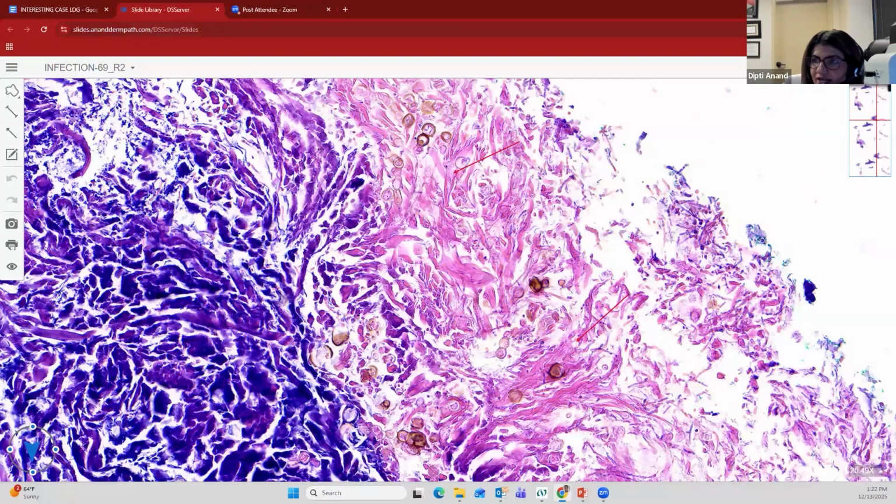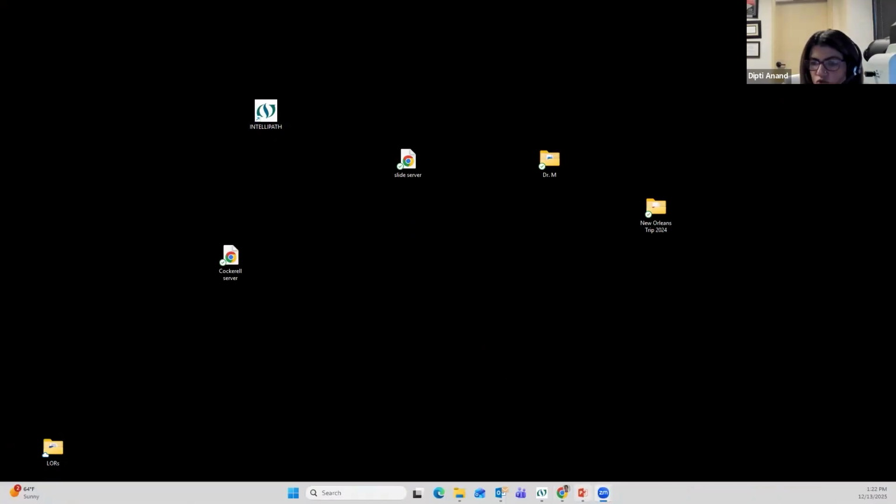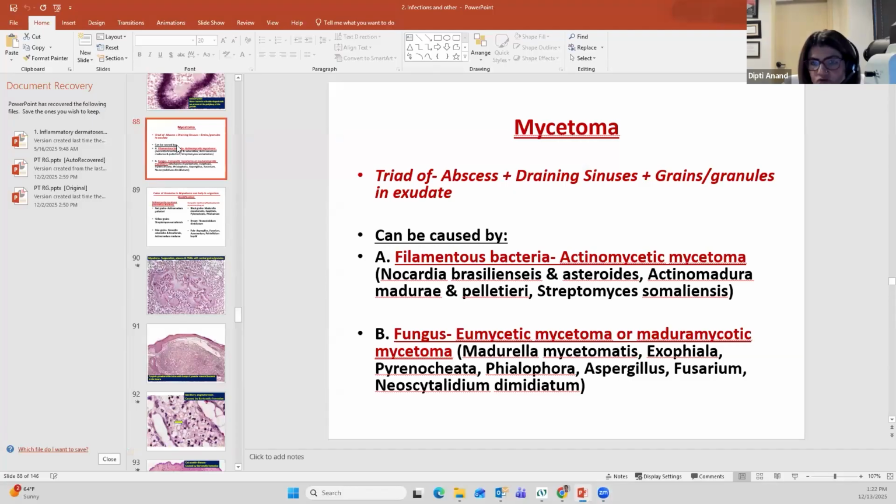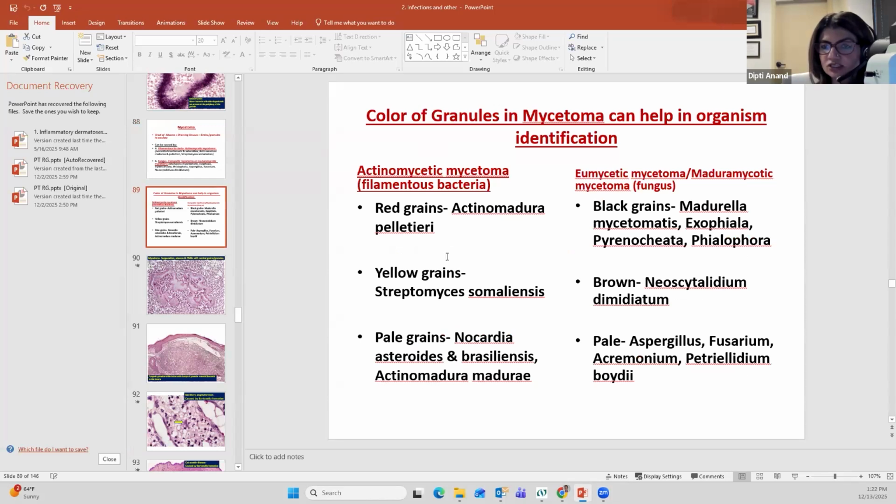And then you need to classify it further as to what that fungal infection is, which is what this slide is talking about. It's a filament, that's not how a bacteria will look, right? That's a fungus. This is obviously not a bacteria, but bacteria can also produce these grains and granules. So you need to know the names of these organisms. When you see the fungus, that is what it can be. So this is what you need to memorize.